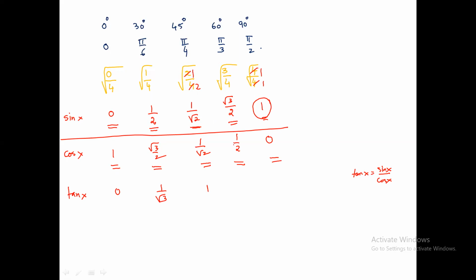Root 3 by 2 and 1 by 2, when you divide, you will get root 3. Lastly, 1 by 0, denominator is 0, so it is undefined.